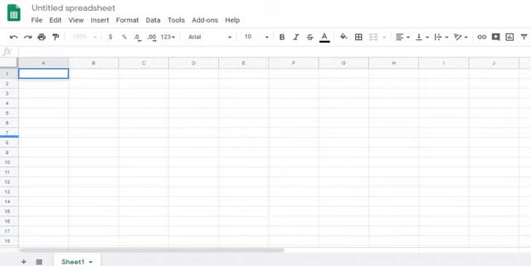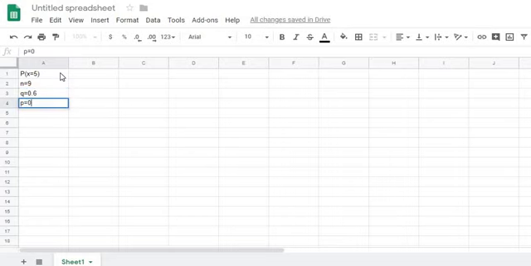So open up your Google Spreadsheets, and I'm going to type in the numbers we're dealing with. Let's look at the probability that x is equal to 5. In our problem, n was equal to 9, q was equal to 0.6, and p was equal to 0.4.